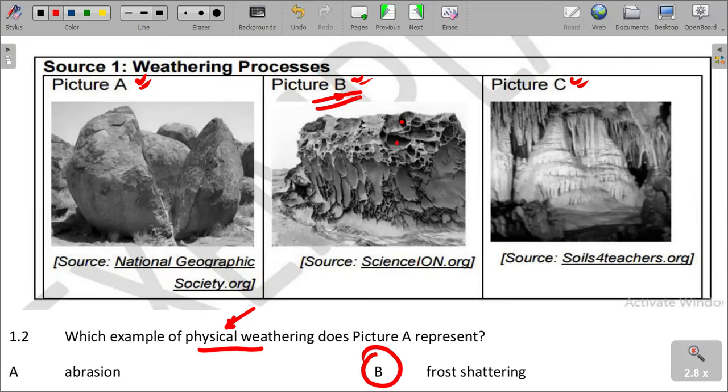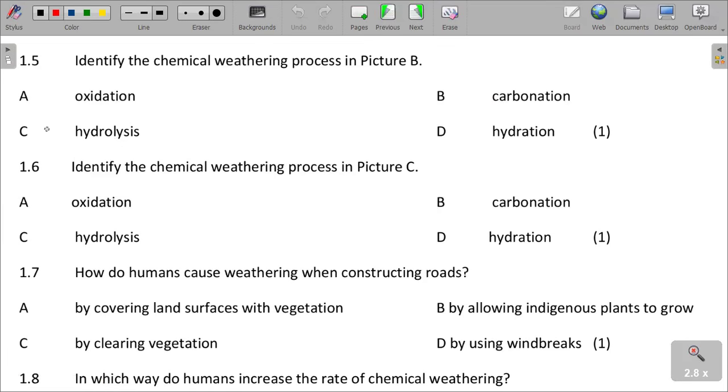You can see this because of these small crevices that are being developed on the rock mass here. So this is a process that we call hydrolysis. Hydrolysis is what is taking place.